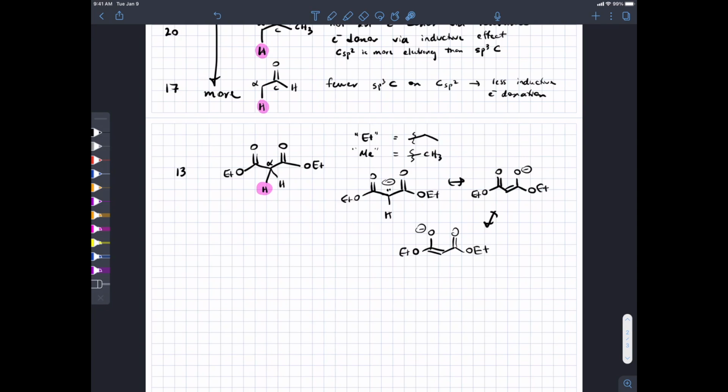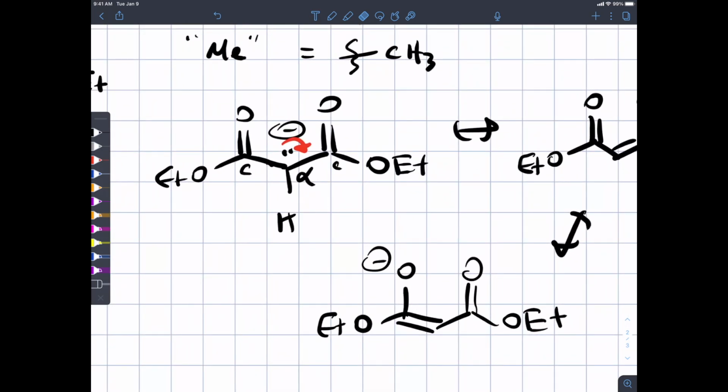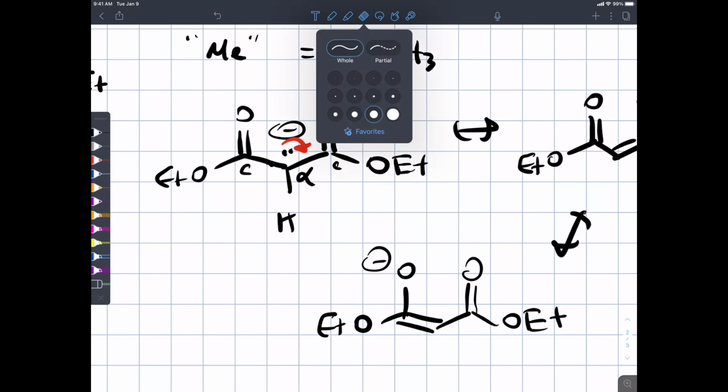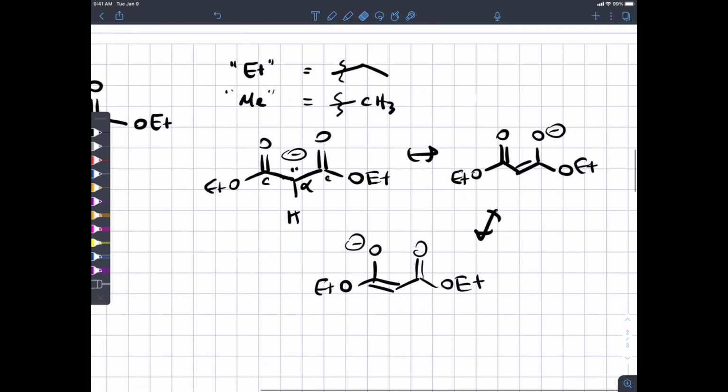Can you see how, because the alpha carbon is actually alpha to two carbonyl carbons, we can delocalize those electrons on the alpha carbon in that direction, or we can delocalize them in the other direction with the other carbonyl.